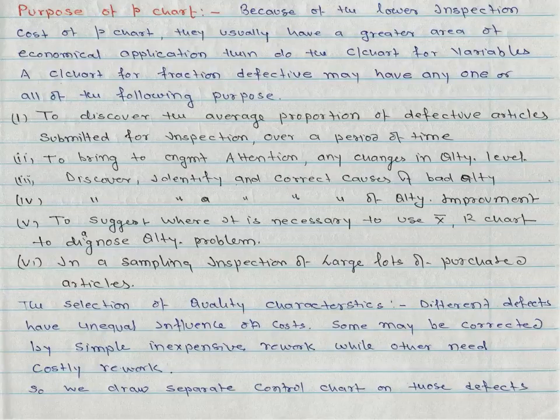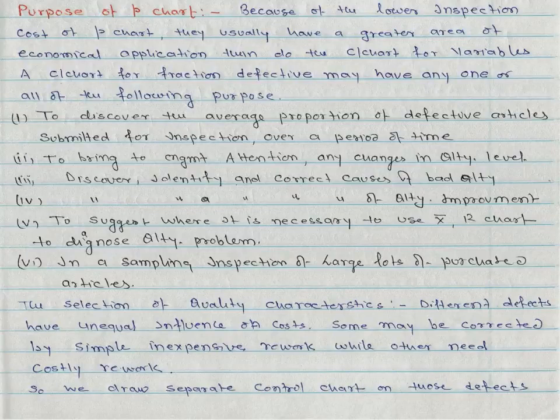The third one is to discover, identify and correct causes of bad quality. With the help of this chart, we can identify what the reasons are behind getting bad quality of a product. Next, to discover, identify and correct causes for quality improvements.